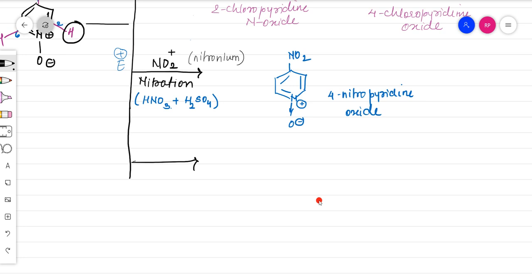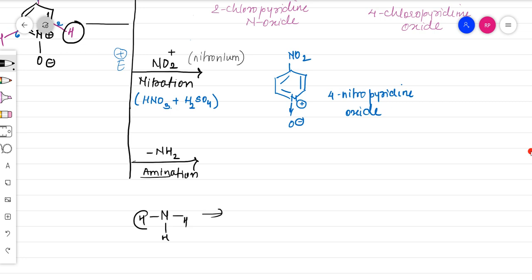Then the next reaction is amination. Can you tell me what is amination? Which group are we adding over here? Amine, NH2. Yeah, NH2 group. Is NH2 a nucleophile or an electrophile? Nucleophile, because NH2 is obtained from NH3, right?